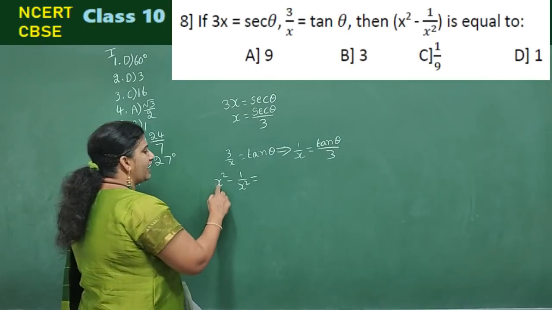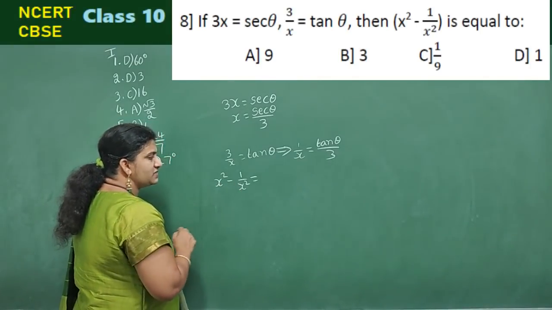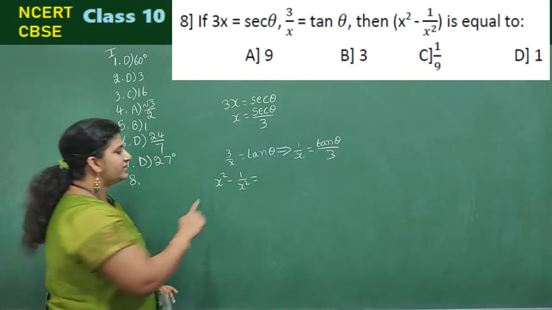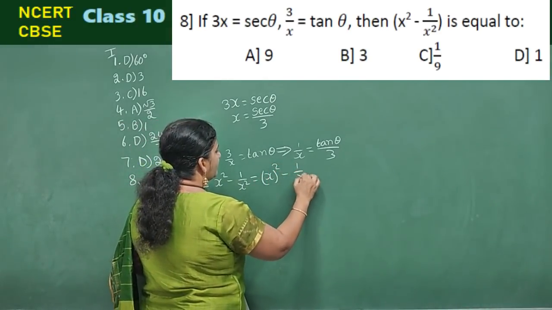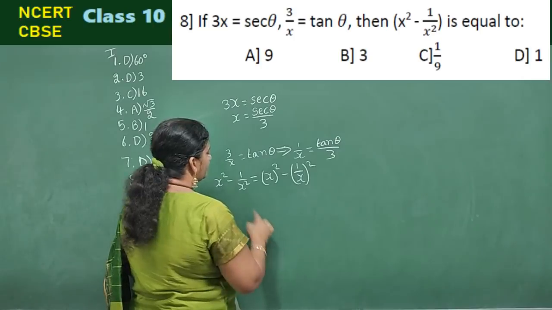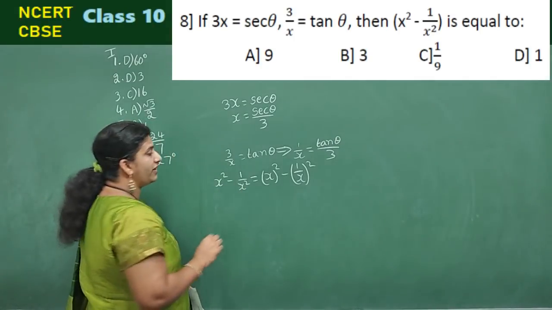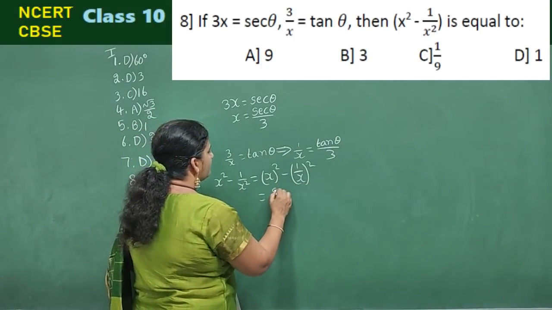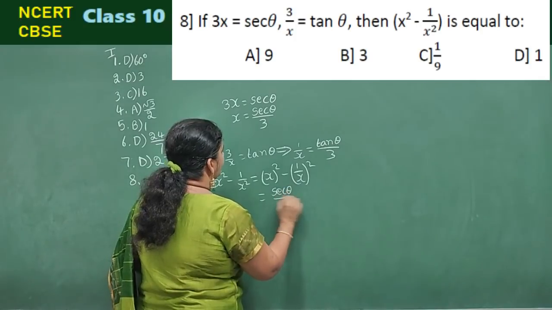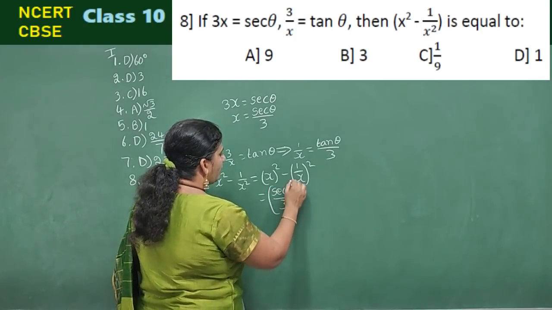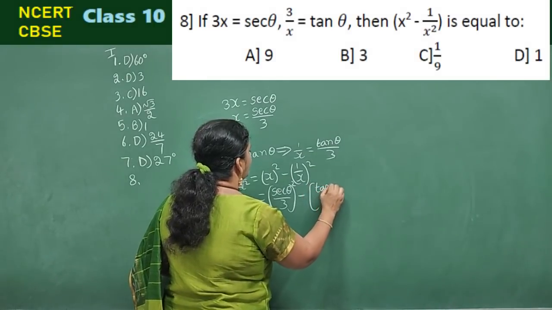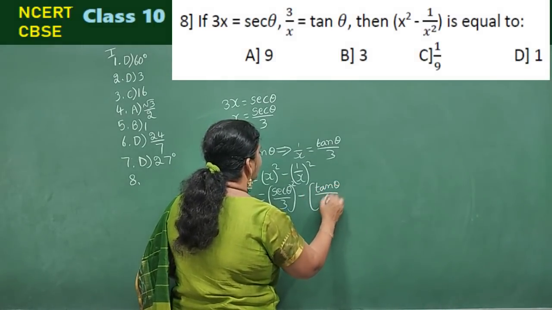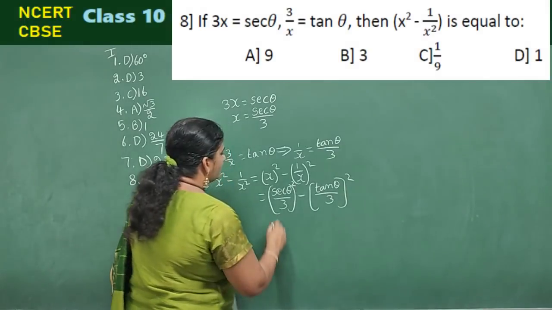I can write it as x square minus 1 by x square. This one you can rewrite as x minus 1 by x whole square. A square minus b square format it is there. So x value is secant theta by 3 whole square minus 1 by x value is tan theta by 3 whole square.